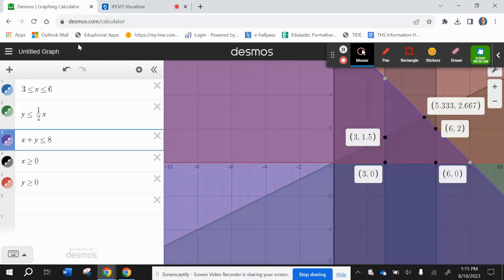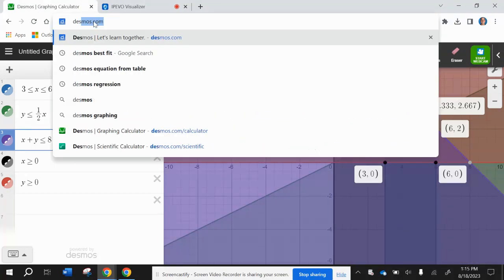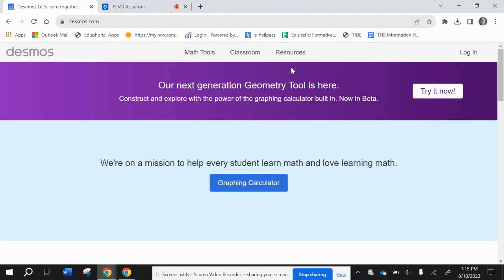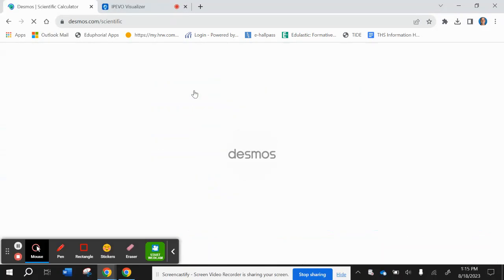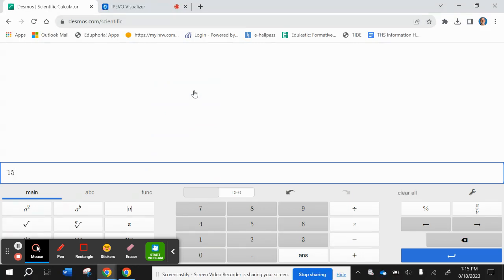I'm actually going to go to Desmos, leave here, and go to Math Tools, Scientific Calculator. So the first value is 165. Then I'm going to do 15 times 3 plus 20 times 1.5.